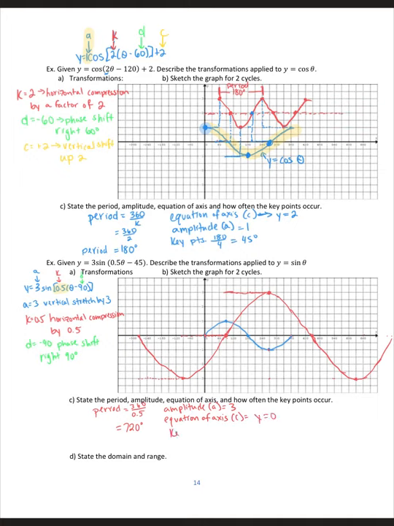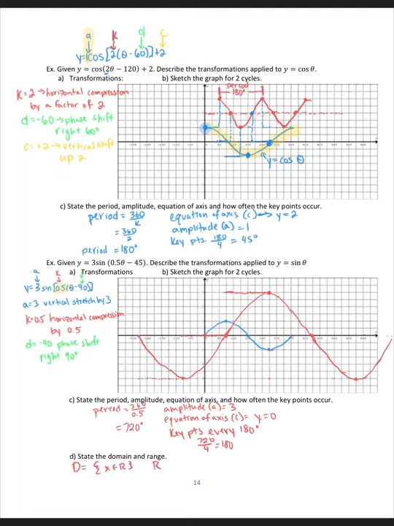And finally, our key points. If we want to figure that out, we're going to take our period and divide by 4, which is 180. So our key points are every 180 degrees. Okay, we were going to identify our domain and range. For these sinusoidal functions, our domain remains unchanged. It's always going to be x for all real numbers.